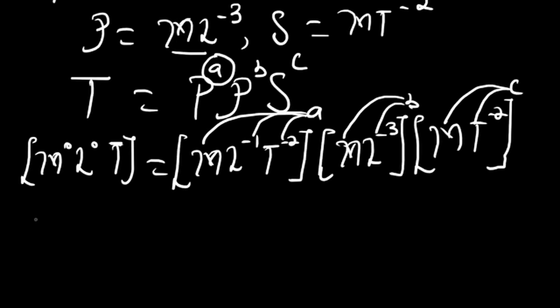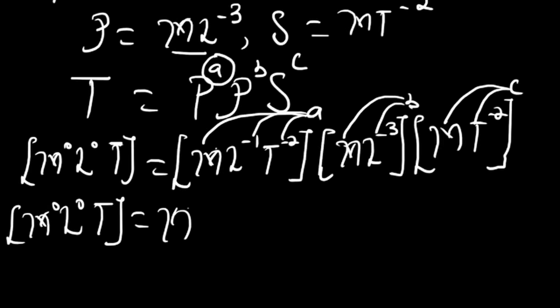On the left-hand side, we maintain what's there. We now have M to the power of 0, L to the power of 0, and then T. This is equal to, so M and A gives you M to the power of A. Then minus 1 times A gives you L to the power minus A.